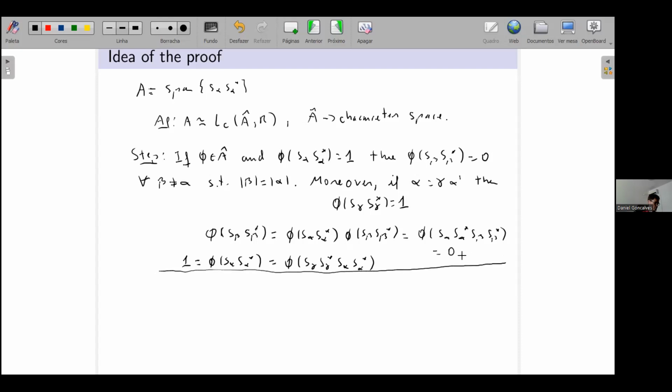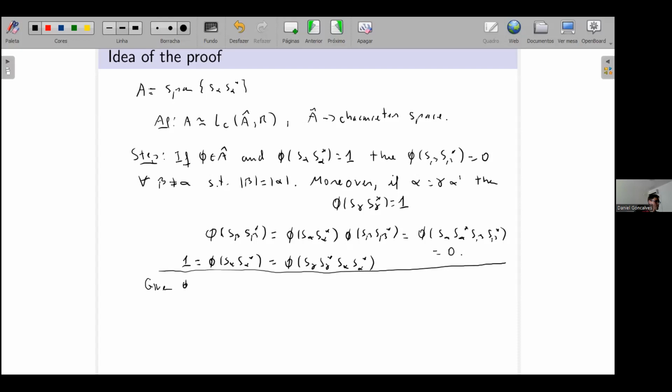It's proved. So how do we define now, given a homomorphism here, a sequence, finite or infinite?